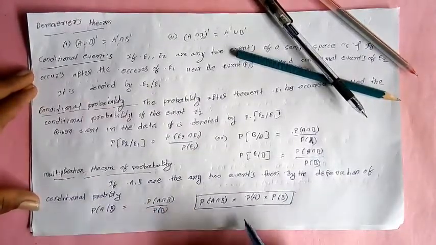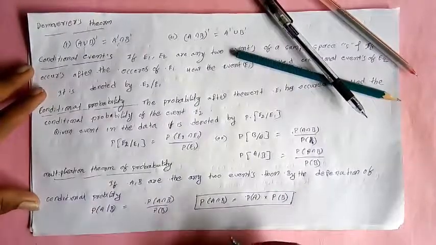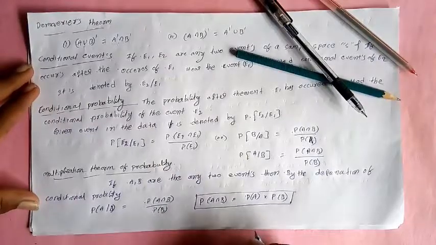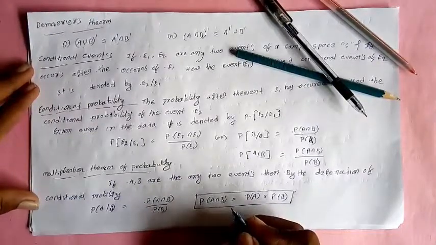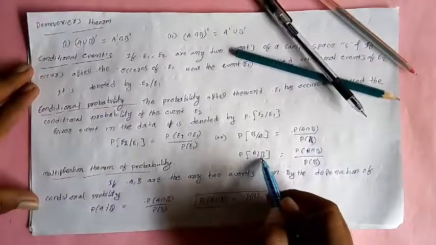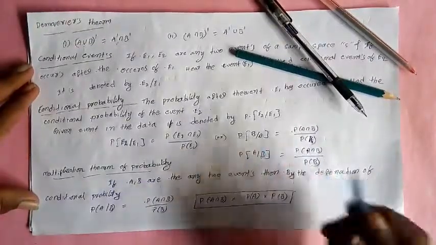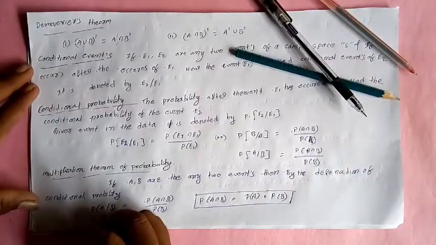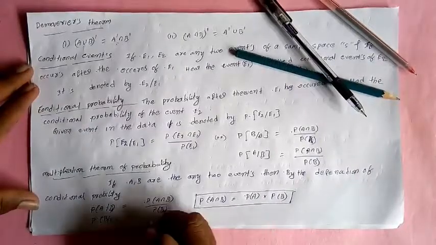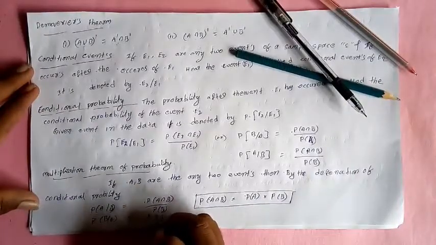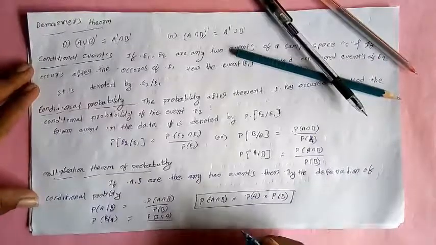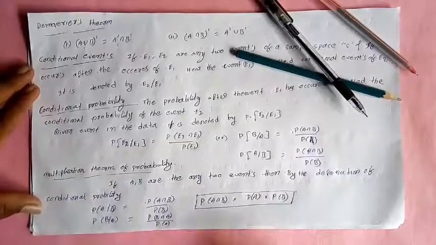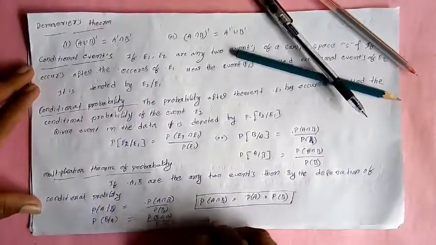Here we can substitute this in formulas and continue in further problems. Similar to what we have written for A by B, it is similar for B by A also. P of B by A is equal to P of B intersection A, or A intersection B. Both are the same.